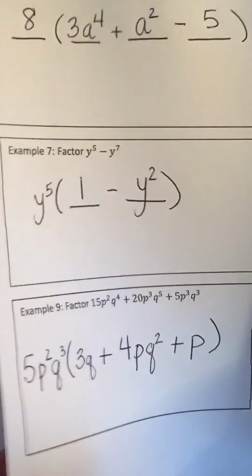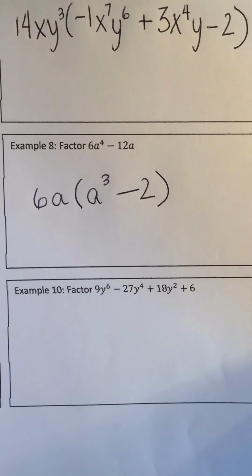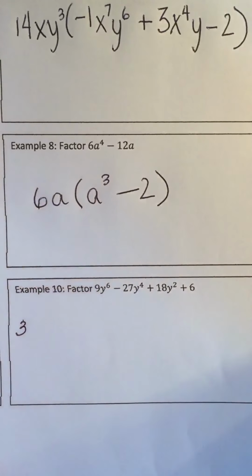Example 10. 9y to the sixth minus 27y to the fourth plus 18y squared plus 6. The largest number that can be factored out of all those coefficients is a 3.